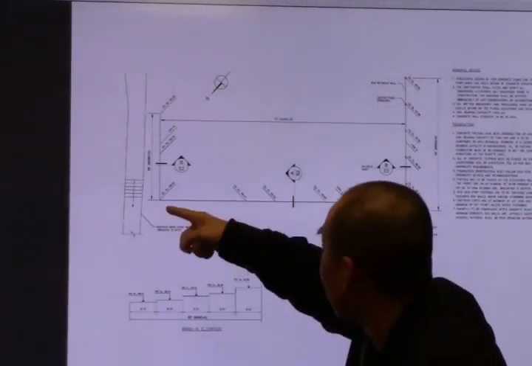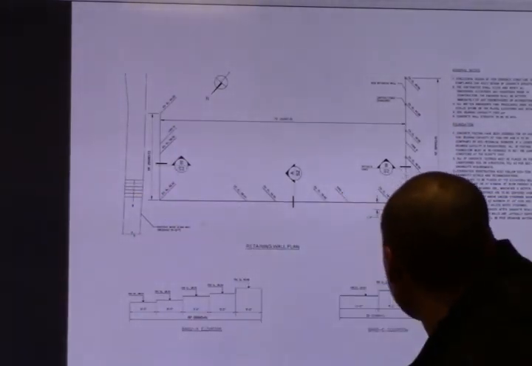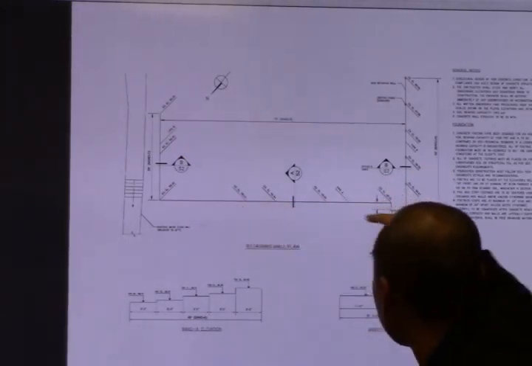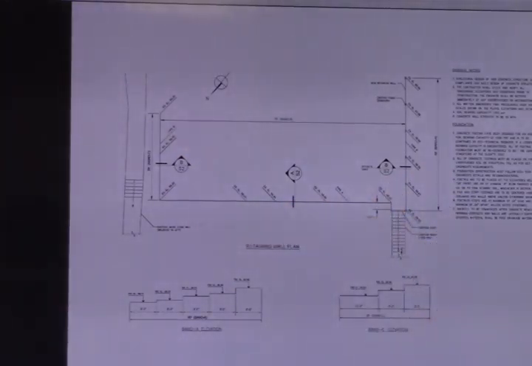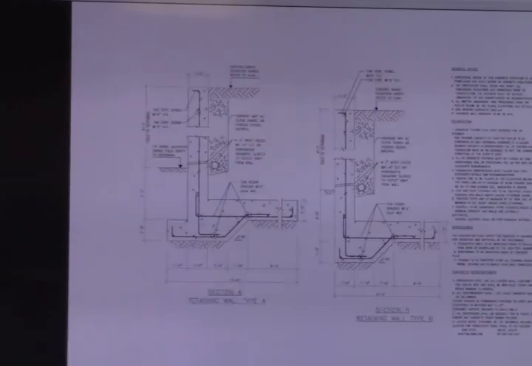This side is an L shape, but we need the long way. This side is a T shape. That's complicated. There's a typical section detail here.